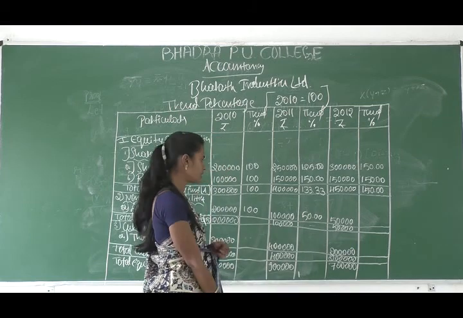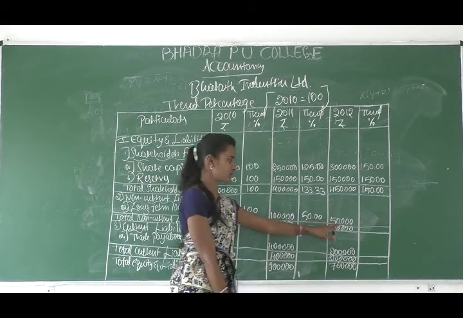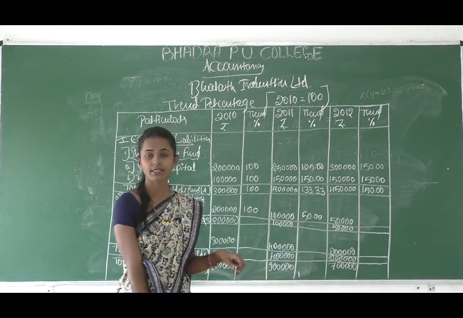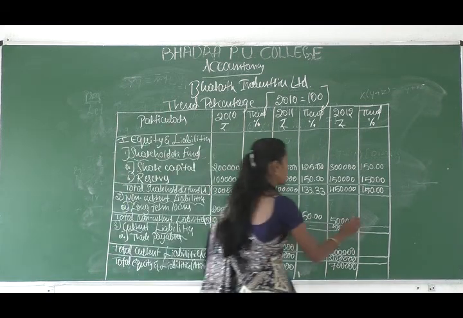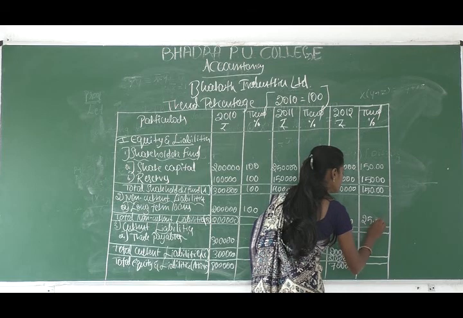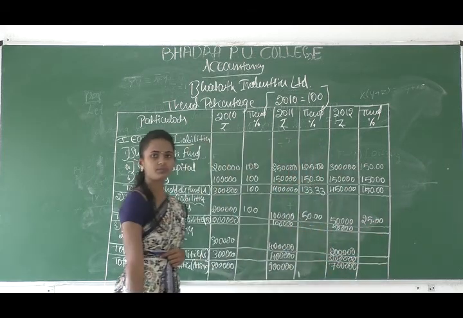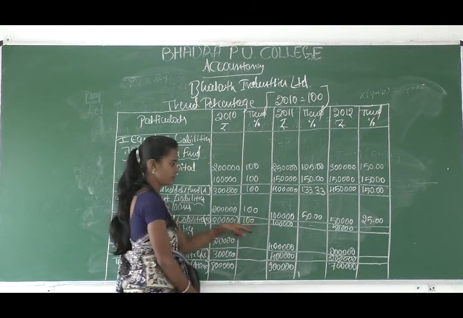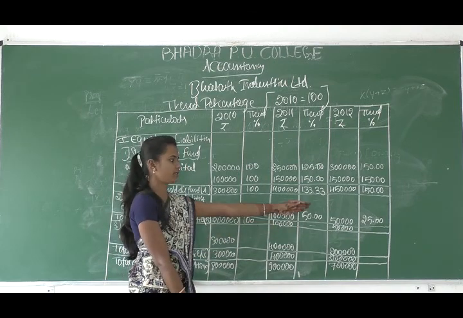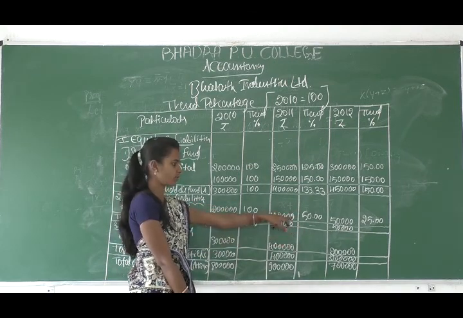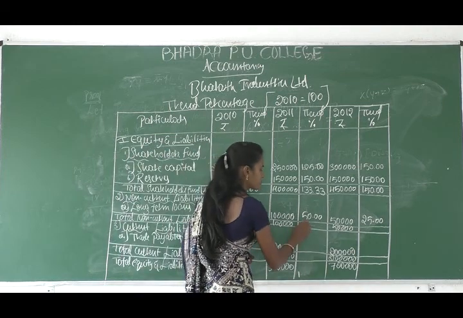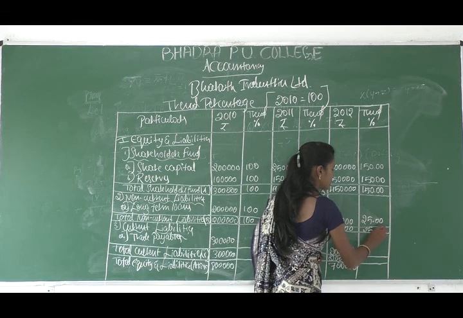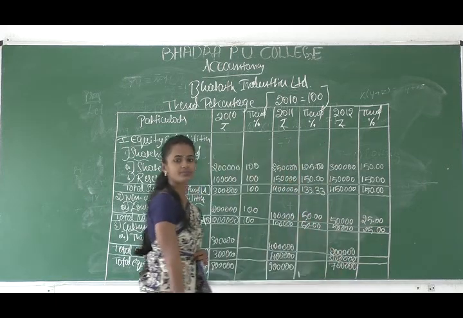Here 50,000 divided by 2 lakh into 100, there you will get 25%. And here also we will get the same percentage, because the total we get is the same amount. So again it's 100%, 50%, and 25%.